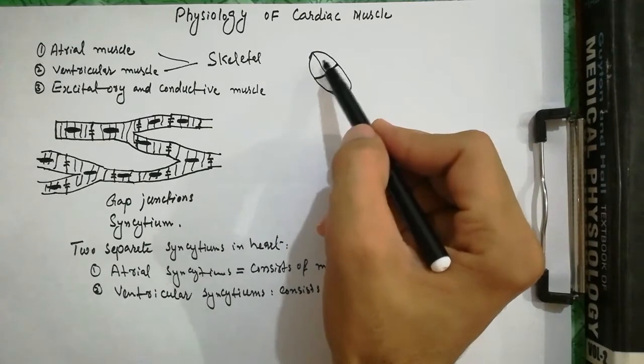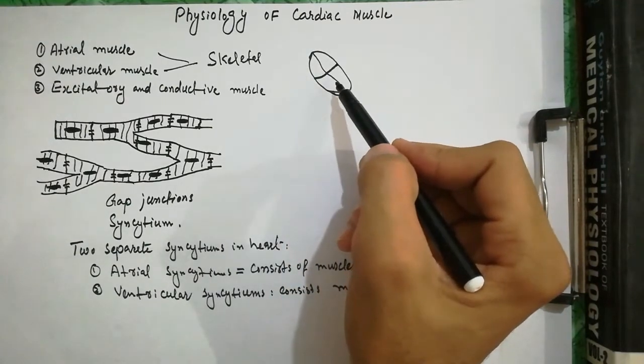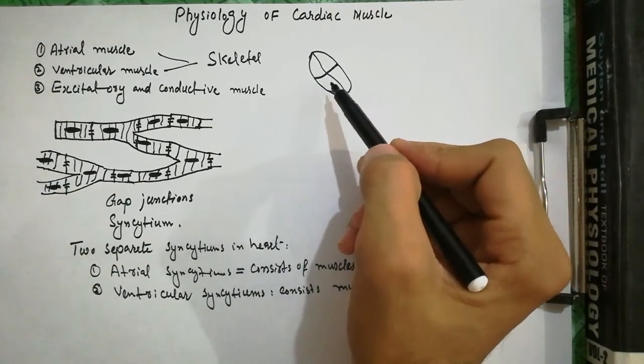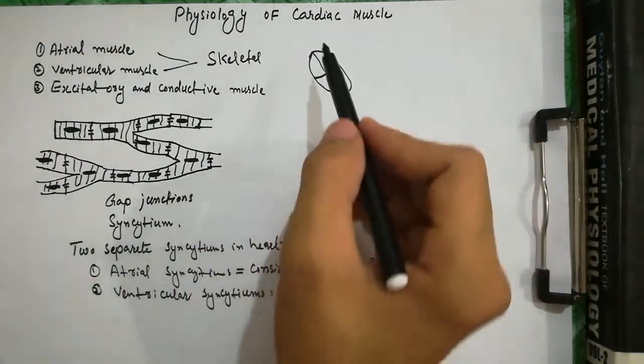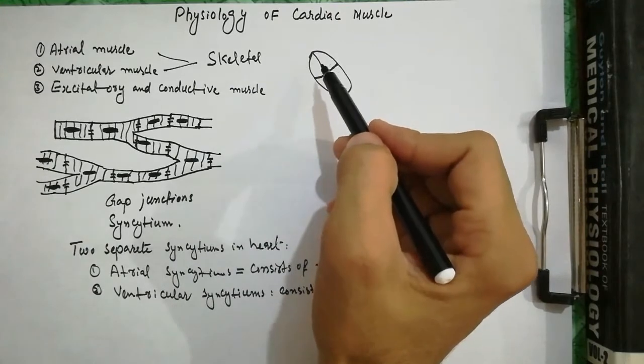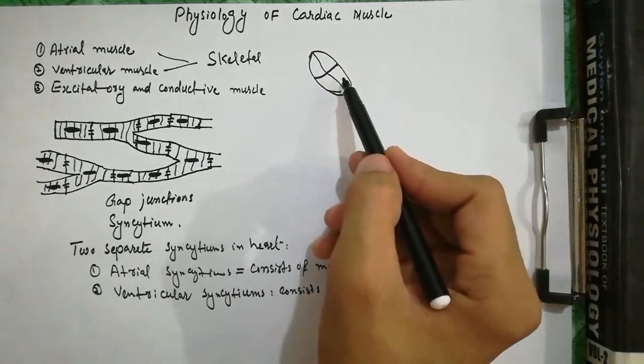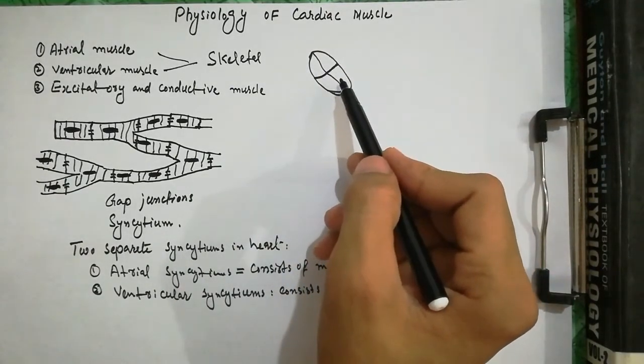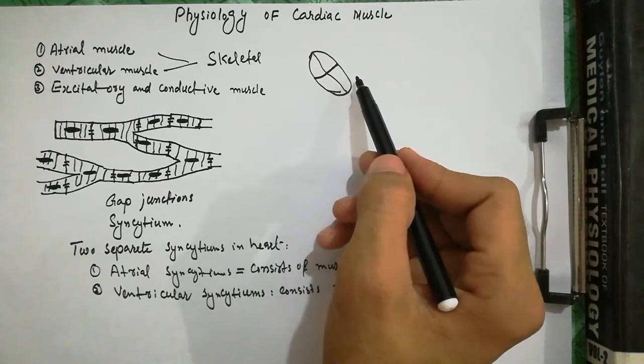These are atria and these are ventricles. The muscles of two atria constitute the atrial syncytium, and the muscles of two ventricles constitute the ventricular syncytium.